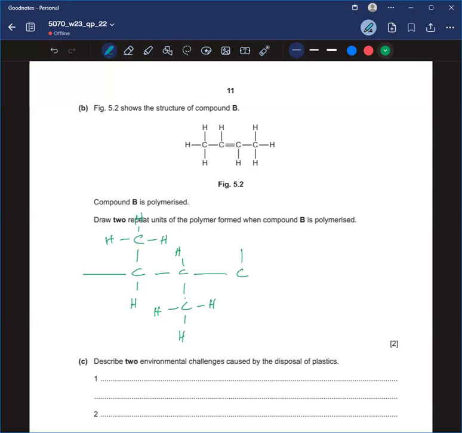So that would be the same. Now we'll draw it in the same shape.